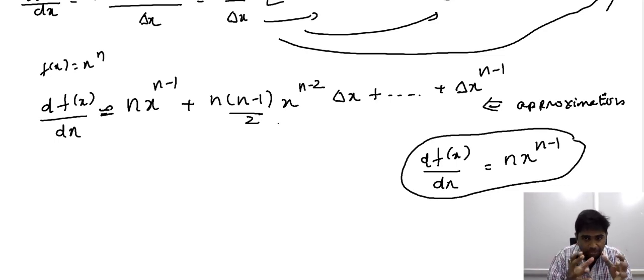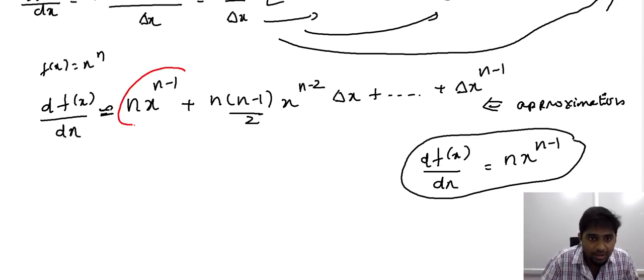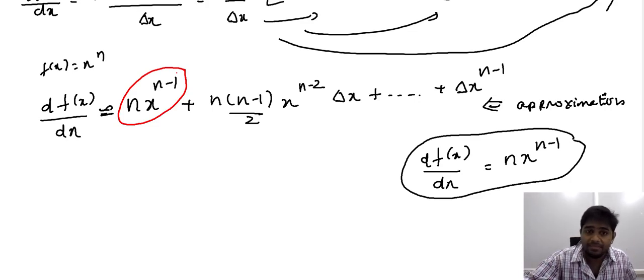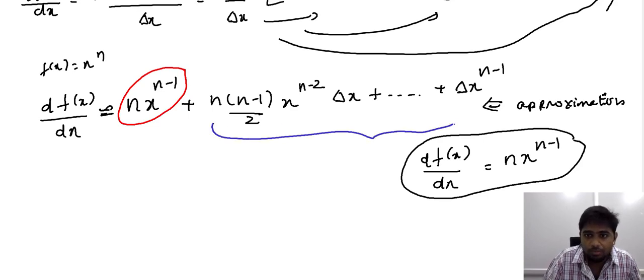So if you compare these two, we can realize that the exact answer is already found in the first term alone. We have already established the exact answer. So all the rest of the terms here, they contribute to the error.